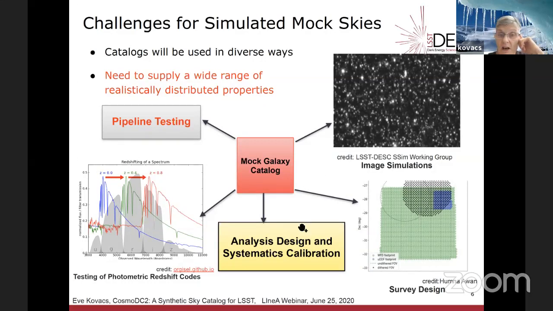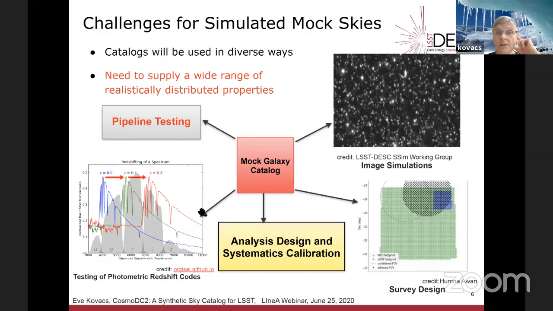They can subsequently design their analyses and do systematics calibration. This catalog can also be used to test photometric redshift estimation codes, to test pipelines, and to design surveys.